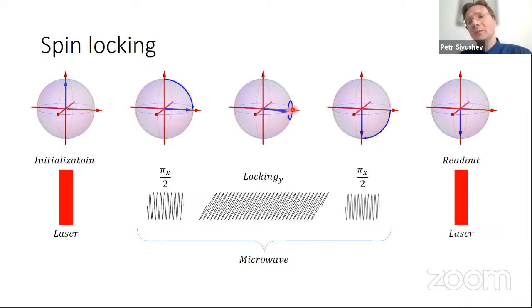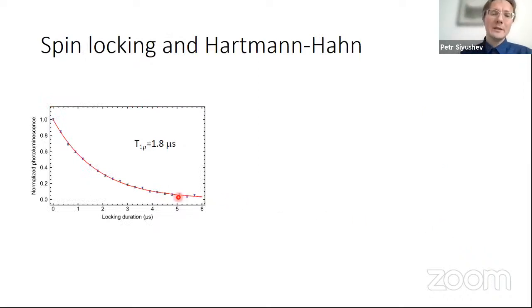After some time, while you keep driving the spin, you can apply the next pi/2 pulse, again with a 90-degree shift with respect to the locking pulse, and then you can read it out optically. As I said, this sequence leads to decoupling from the magnetic noise, and if you vary the duration of the locking pulse, you would see a characteristic decay.